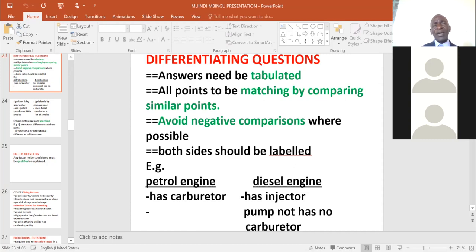Now, what is apiculture? The practice of rearing bees in beehives. What is aquaculture? The practice of rearing fish in fish ponds. So by looking at those two definitions, you can extract two differences quite comfortably. You can say, for instance, that apiculture involves rearing of bees, while aquaculture involves rearing of fish.